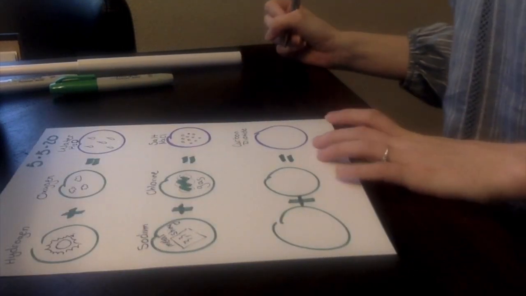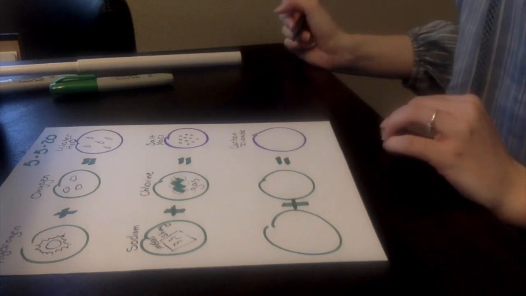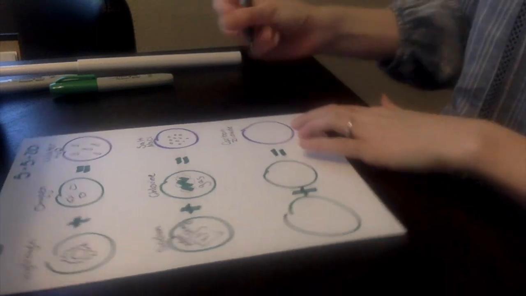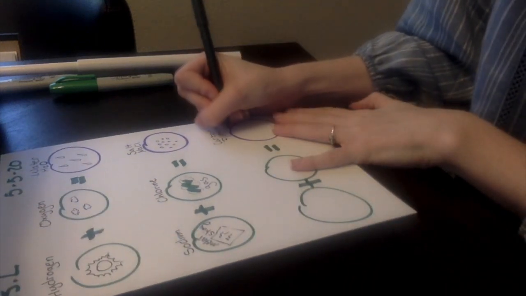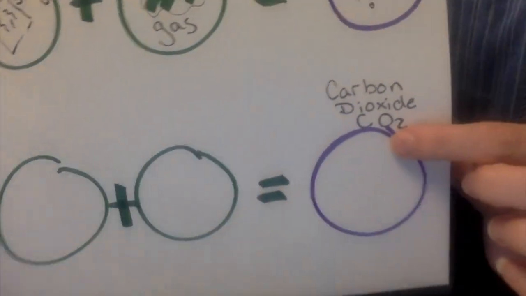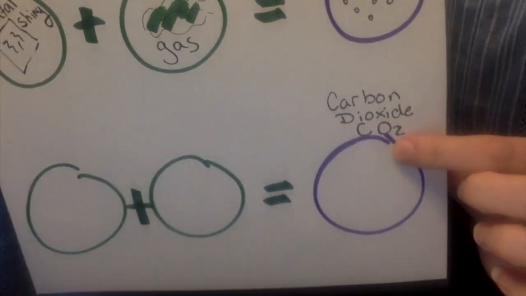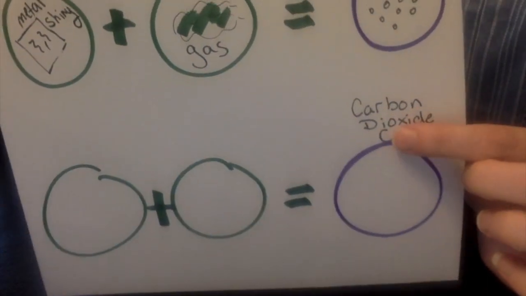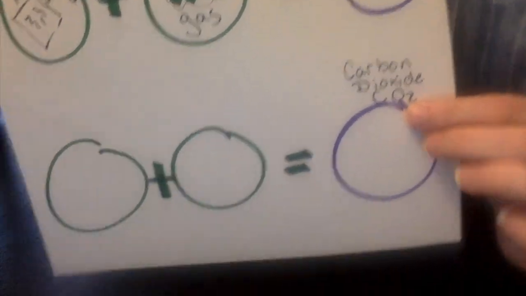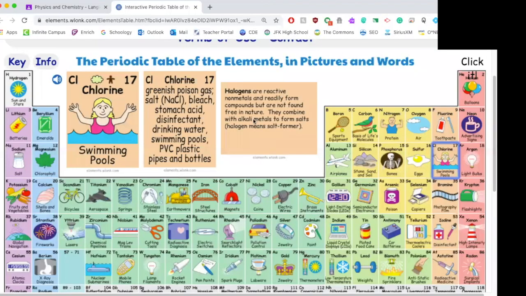Carbon dioxide is another thing that's in the air that you breathe, but instead of breathing it in, it's what you breathe out. I'm going to give you the chemical name for carbon dioxide, and here it is. It is CO2. So when we look at our periodic table, we're going to look for C, and we're going to look for O. All right, last ones I'm looking for are C and O. C is right here.